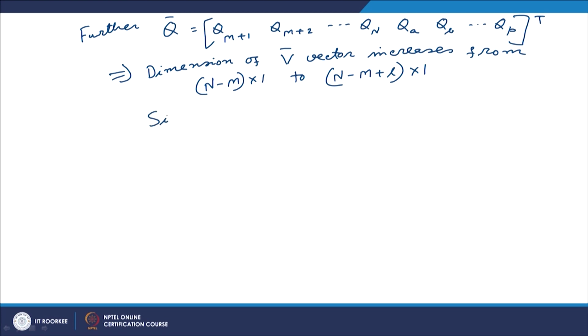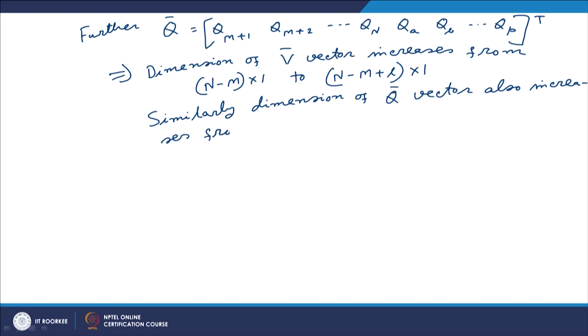Similarly, the dimension of the Q vector also increases from n minus m cross 1 to n minus m plus L cross 1.